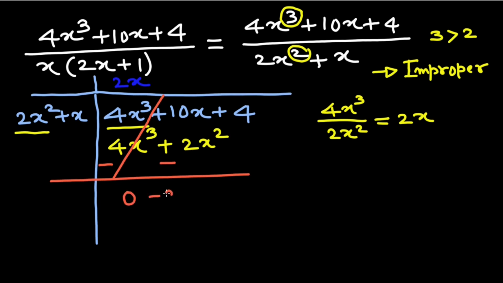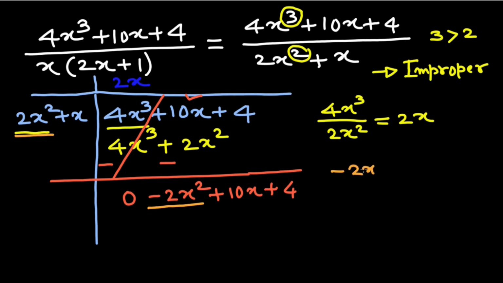We write minus 2x square plus this 10x plus 4. Next, we will divide minus 2x square by 2x square, which gives us minus 1. So we write this minus 1 over here.